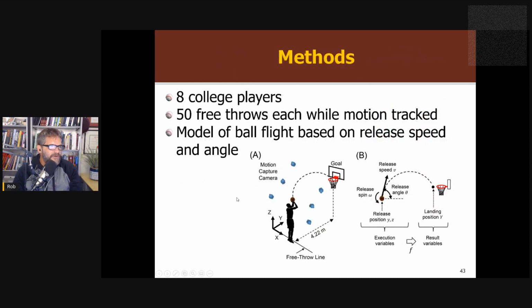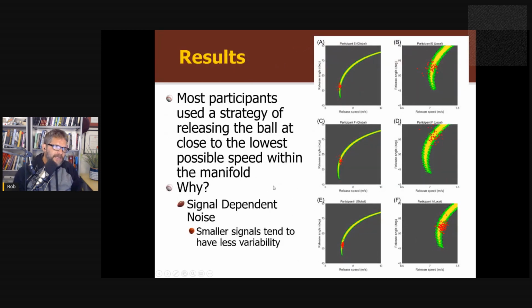What this study showed, they looked at college basketball players, tracked their movements and so on. What they found was that everyone had their own solution space, their own manifold, based on their own variability and consistency. There were 6 participants.